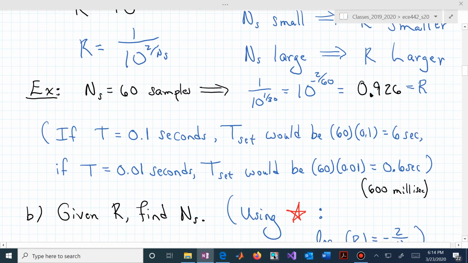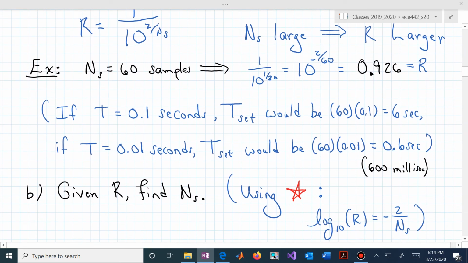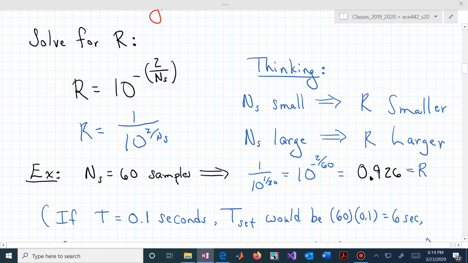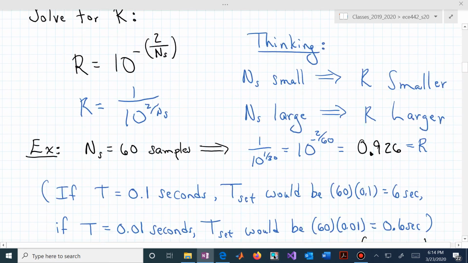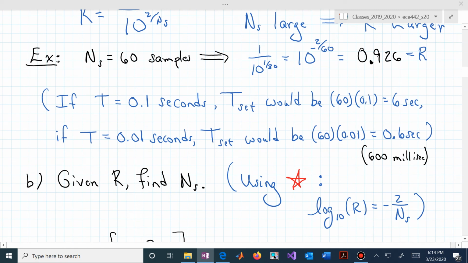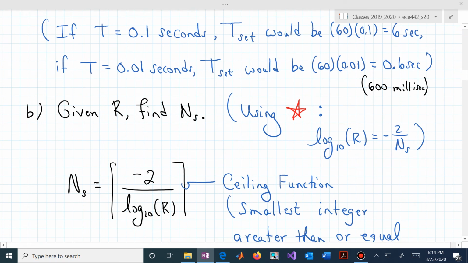Suppose now somebody gives you an r and they say, what's the 1% settling time? Well, now we can go back and we can use this star, and we're given r. Let's solve for n. So now we know star, which is log base 10 of r, is equal to minus 2 over n sub s.